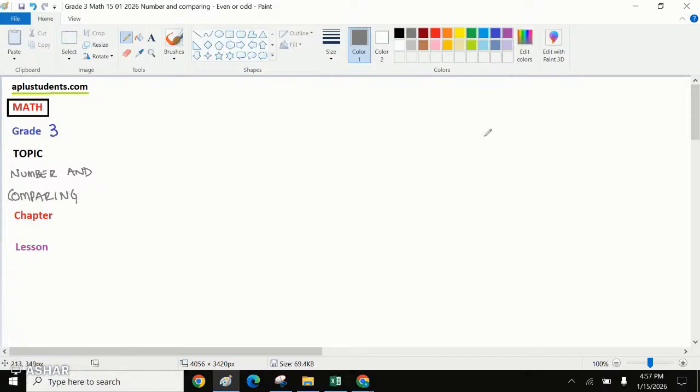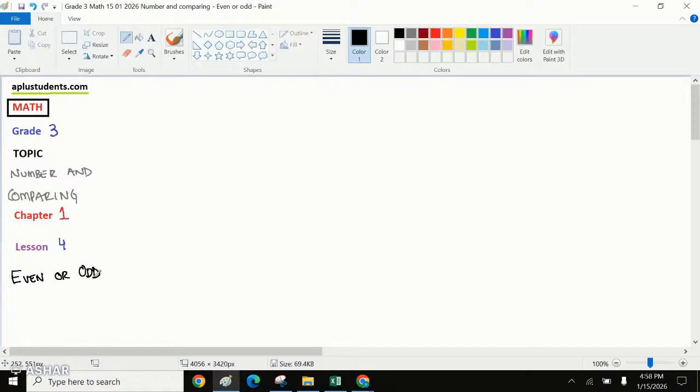Once you have done numbers and comparing, we will need to know the chapter number. Chapter number 1, and we are doing lesson number 4. The name of the lesson is even or odd.